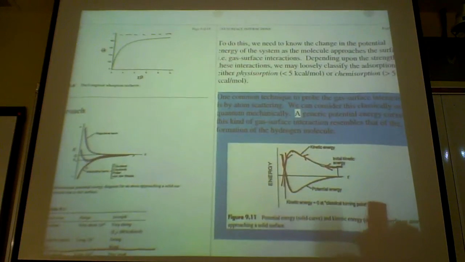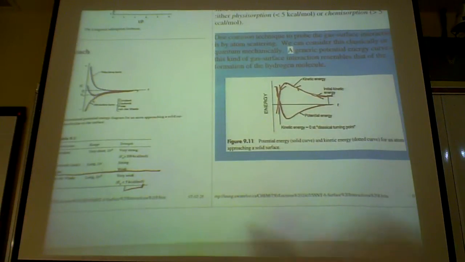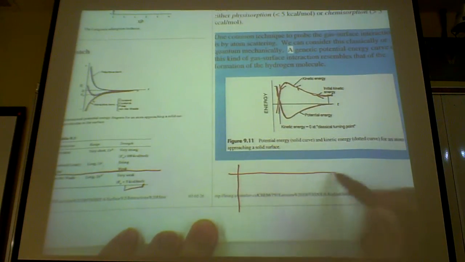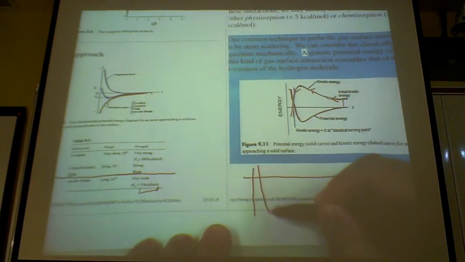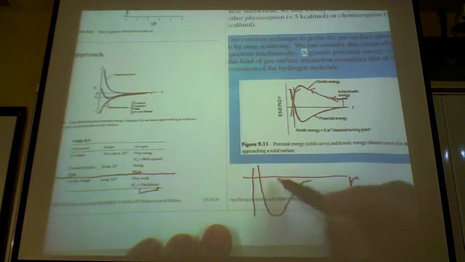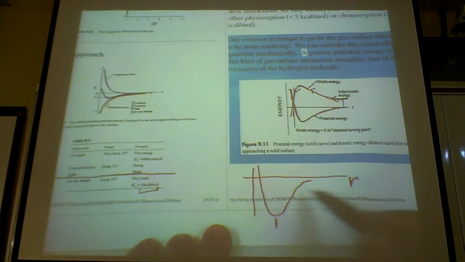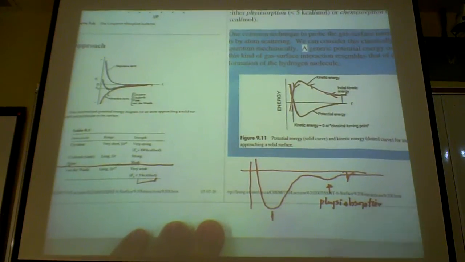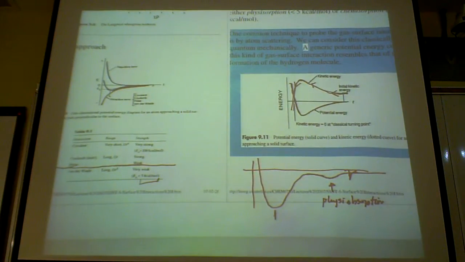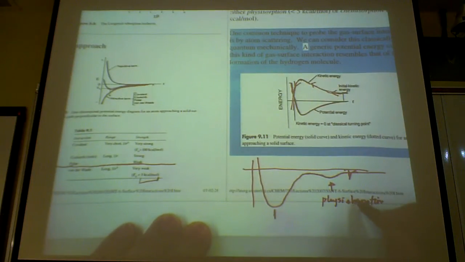Okay, so the picture. Oftentimes, the picture you might see in a textbook is that people make a plot like this, a very similar plot, of the total potential in terms of R. You would have a curve like that. So this corresponds to the chemical absorption state, and as you go further out, there's a shallow well, and this is physical absorption.